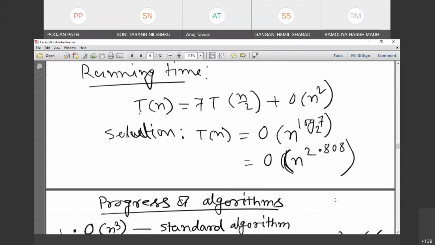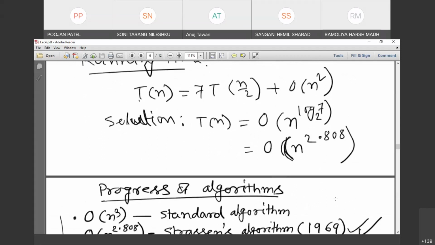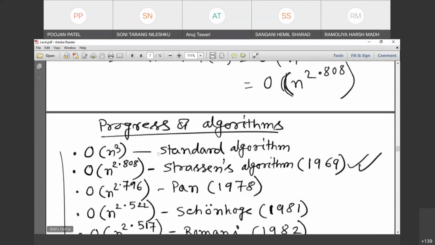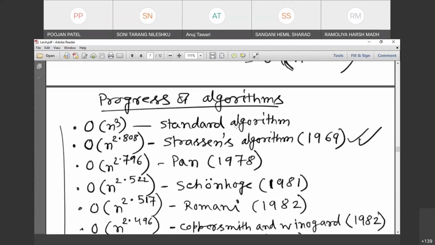Okay. So this is still a very active area of research. There are all these improvements, but we are just focusing on Strassen's algorithm because it is easy to describe and doesn't require any advanced concepts. There was one by Victor Pan, he moved it to 2.796. There was another by, I think this was Strassen and Schönhage, 2.522.